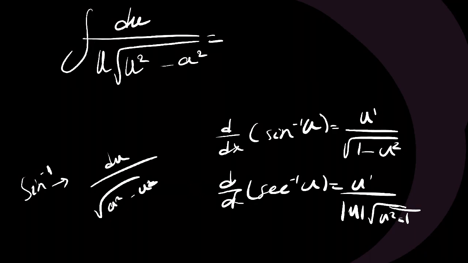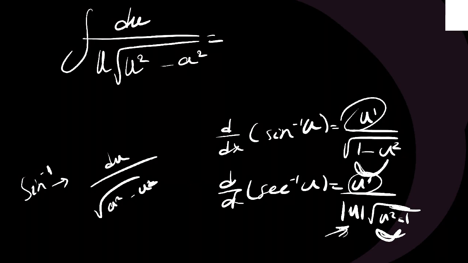So we had u squared minus 1 over here and 1 minus u squared over here, but the one thing that stays the same is the u prime on the top, and the sign, because remember both sine and secant are in the positive chart.